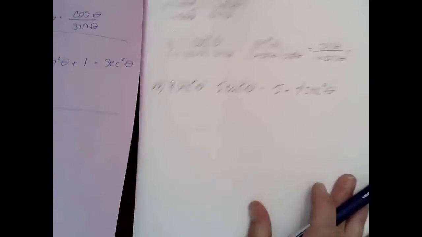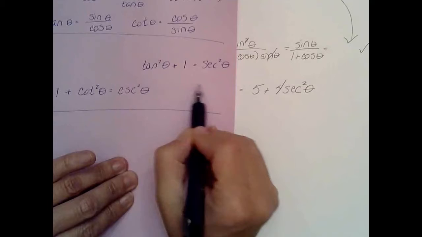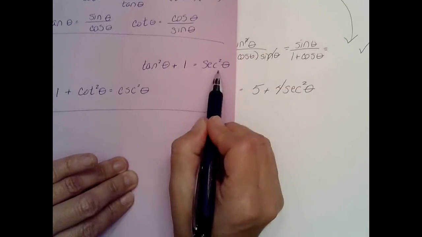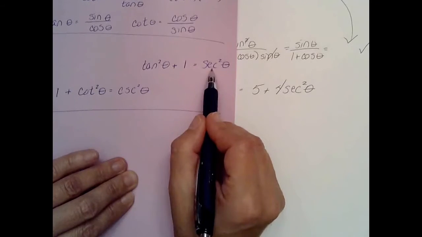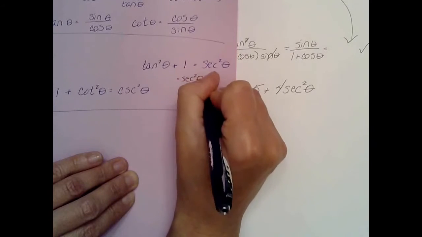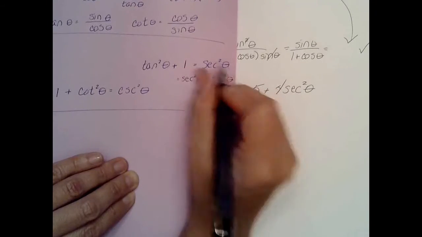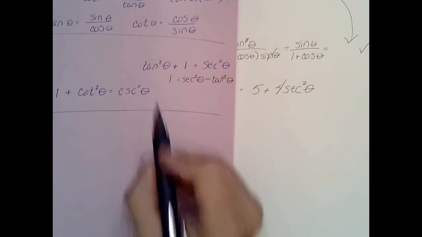Maybe I'll take a moment and I will rewrite this so that it says secant squared theta minus tangent squared theta. And by the way, that would be equal to 1, right, if I move that over.